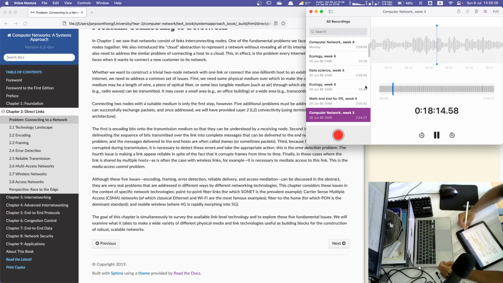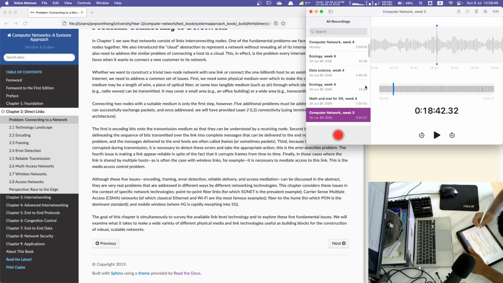So here there are five issues: encoding, and how to send the encoded signal in the form of a frame. If there is a frame, then there can be a corrupted frame, so we need error detection. Once the error is detected, how do we send the signal reliably, error-free? Then if there are multiple hosts, how do we deal with that?